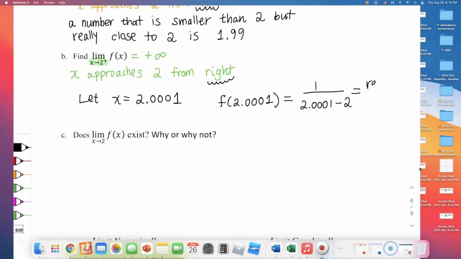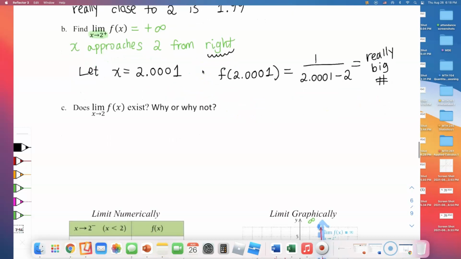Can I just say a really big positive number, right? That confirms what we saw on the graph, it matches. As x gets really close to 2 from above, from the right, the limit of f of x is approaching positive infinity.